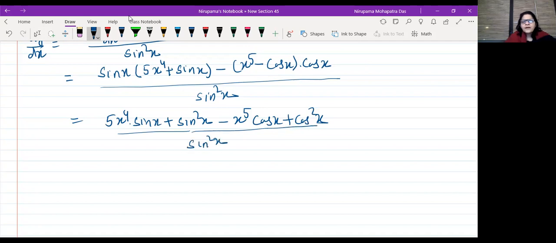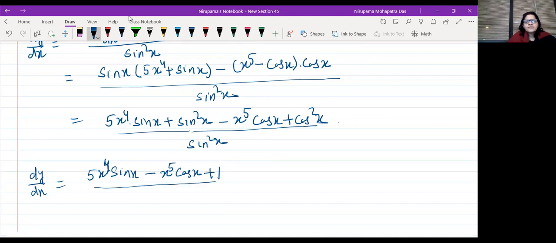And lastly, dy by dx equal to 5 x to the power 4 sin x minus x to the power 5 cos x plus 1, since sin square x plus cos square x equals 1, divided by sin square x. This is dy by dx.